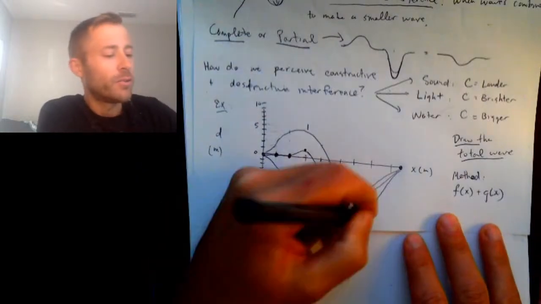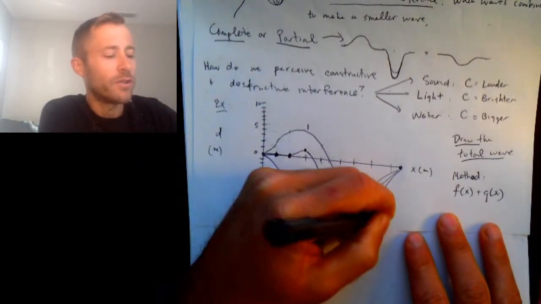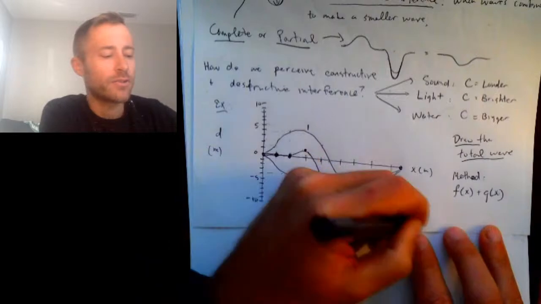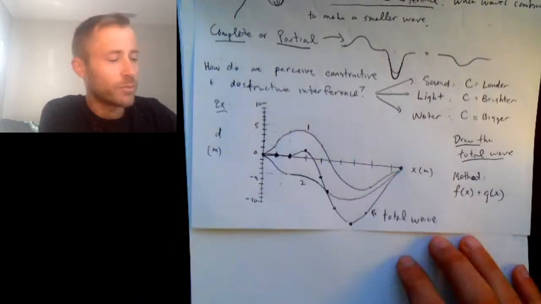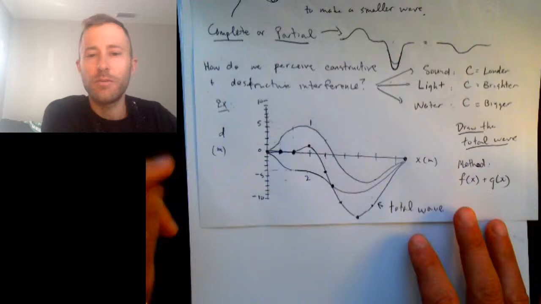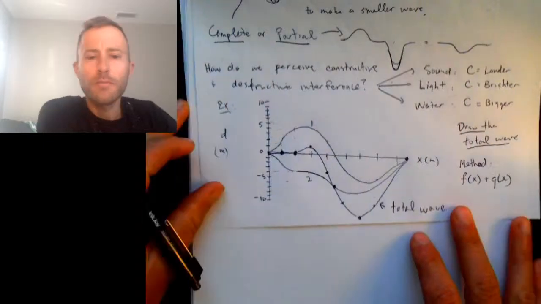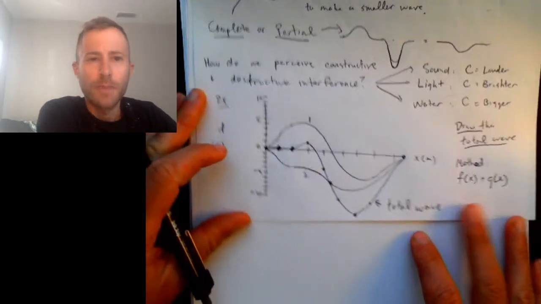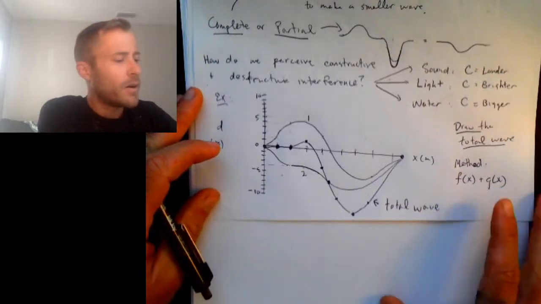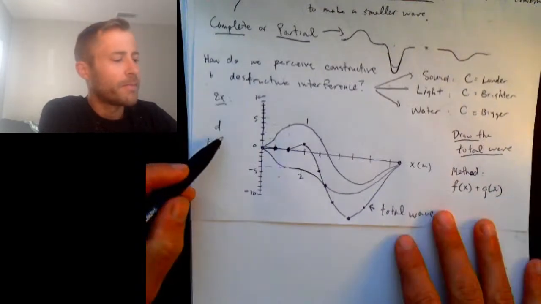So this is what the total wave is going to look like. This is what we would actually see, what the surface of the water would look like, if you will. We notice a couple of things here.